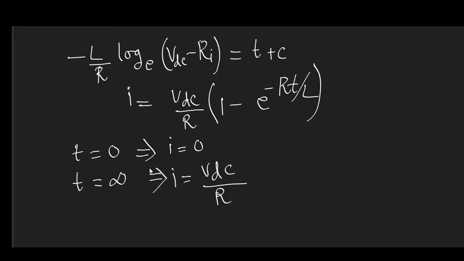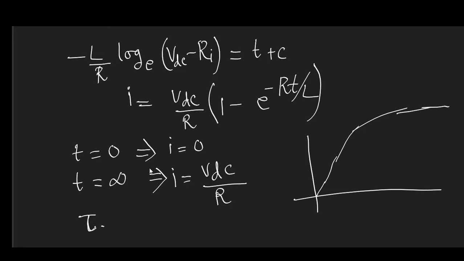Now another thing here is how to define the time constant. If we plot this circuit behavior, we will get an exponentially rising curve like this. Right. Now we can define the time constant.